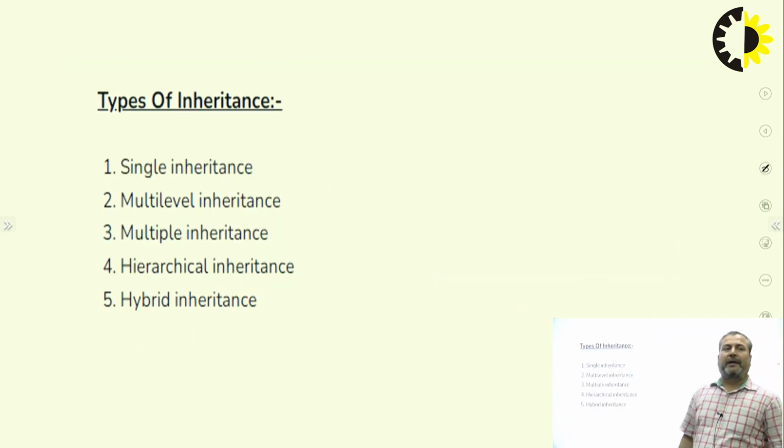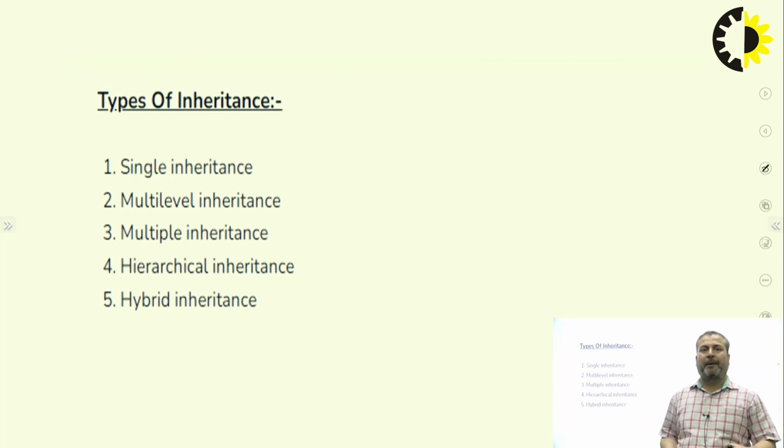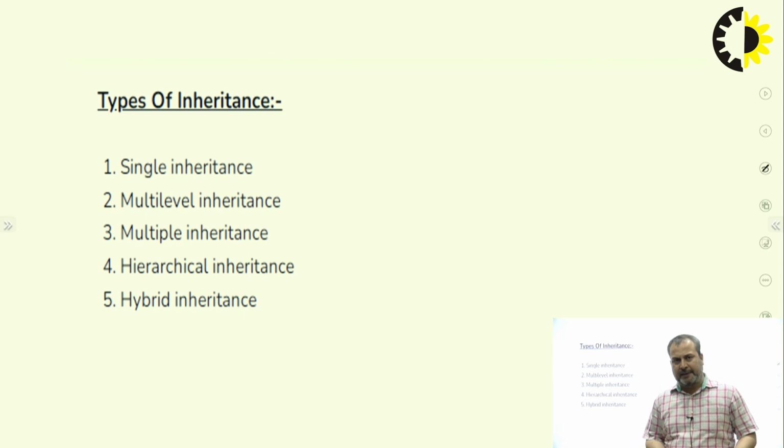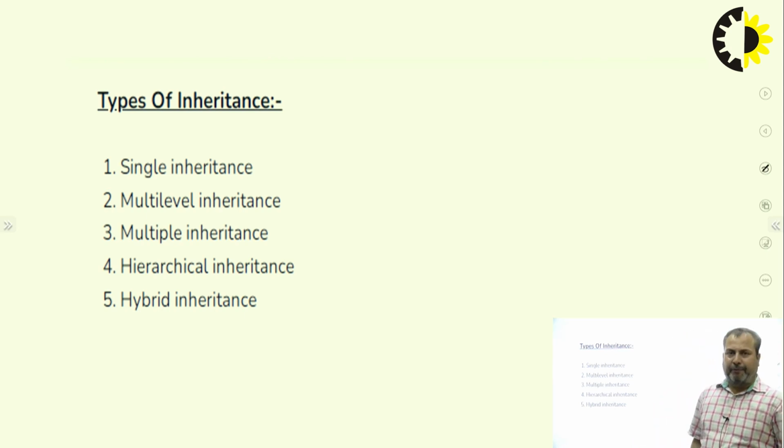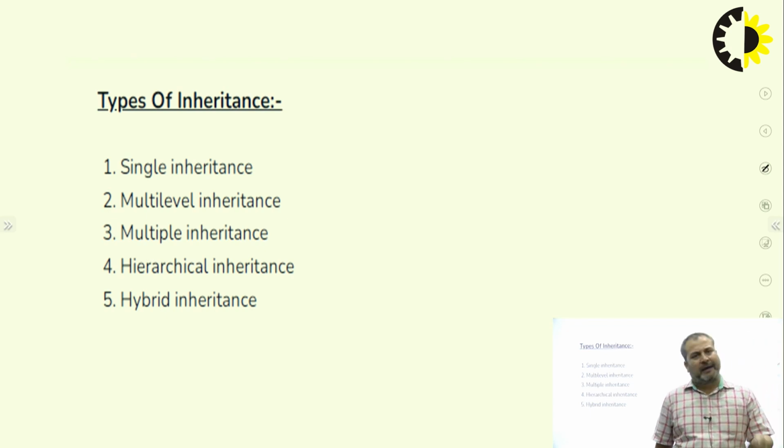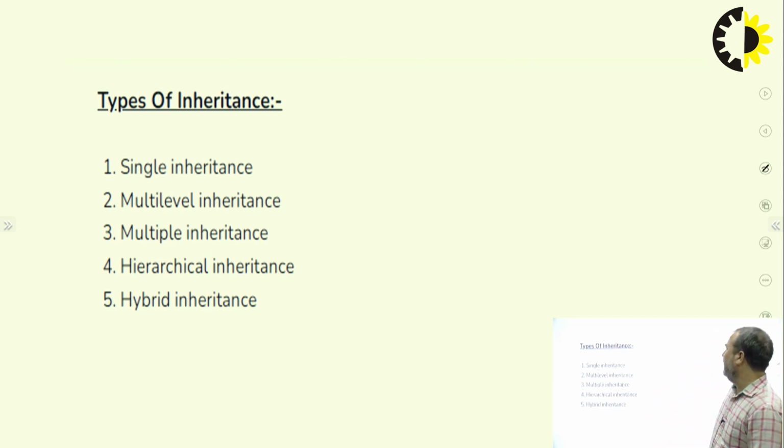So what is inheritance? Inheritance is the capacity to inherit the properties and features of another class. How can we access the properties or even the features of any existing class? If we want to inherit the same properties, we can create as many derived classes.